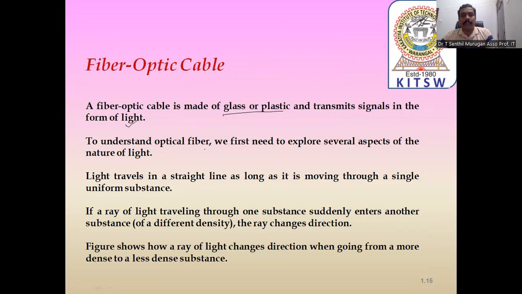To understand optical fiber, we first need to explore several aspects of the nature of light. Light travels in a straight line as long as it is moving through a single uniform substance. If a ray of light traveling through one substance suddenly enters another substance, the ray changes direction. Refraction will be there. The following figures show the directions.